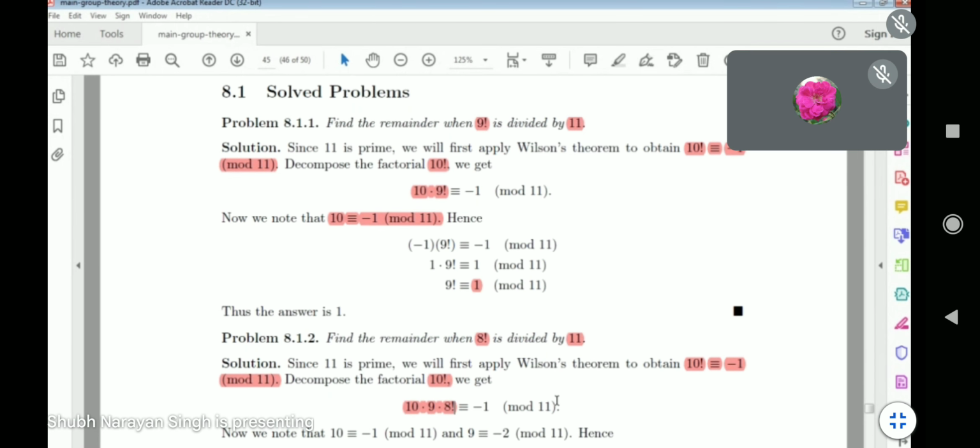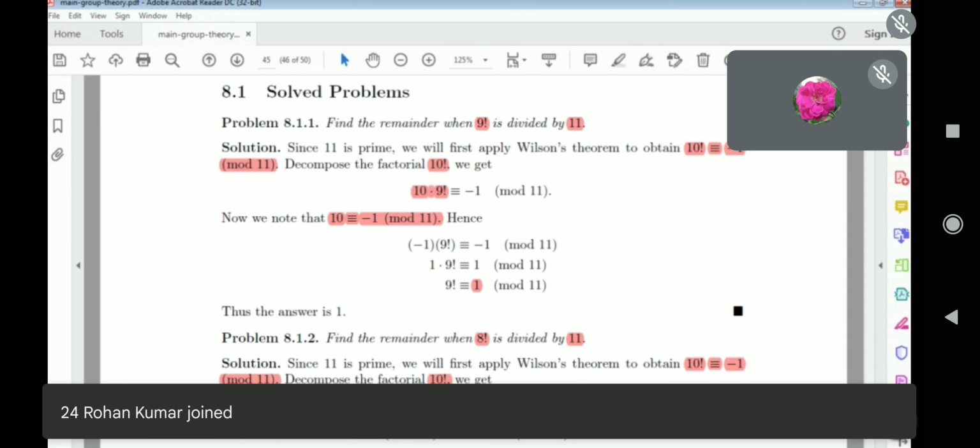Now come to the next line. Because your goal is to find the remainder when 8 factorial is divided by 11, we are going to remove the terms 10 and 9 from the left side of this equation.